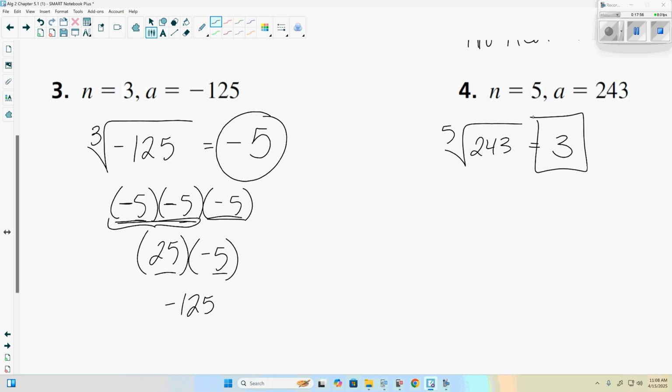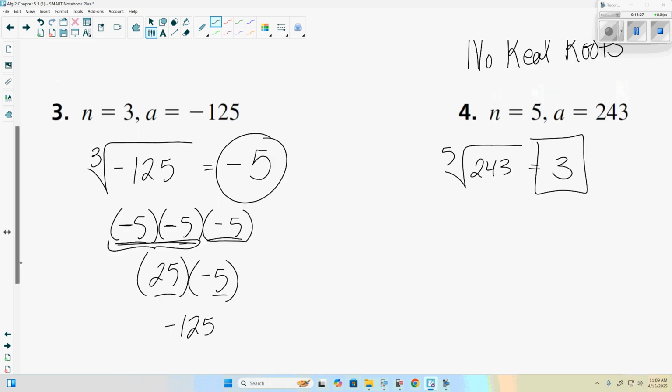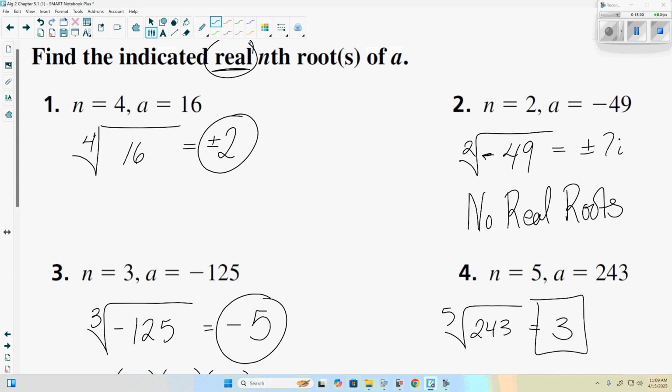There are other solutions to it, especially for the last one, the 5th root of 243. If we wanted to find all the values, there are 4 more, but they are not real roots. For odd roots, so the 5th, what times itself 5 times is 243? The 1 real root is 3. The other 4 are complex roots. We have i, we don't have real roots. But here, we're only looking for the real root.